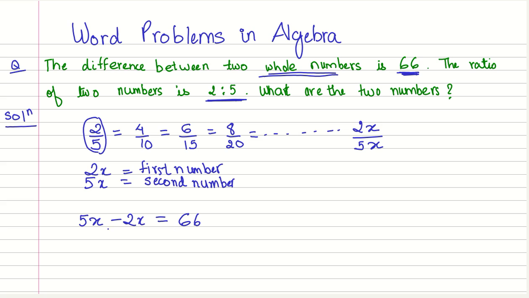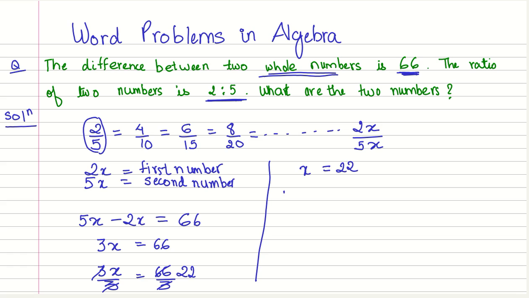Now, if we proceed to solve this further, 5x minus 2x is 3x equals 66. We divide both sides by 3, so we have 3 times x divided by 3 equals 66 divided by 3. The 3 gets cancelled on the left-hand side, and 66 divided by 3 is 22. So we got x equals 22.